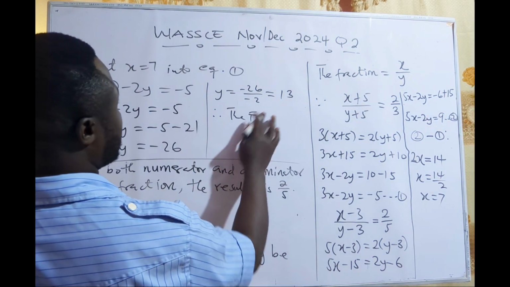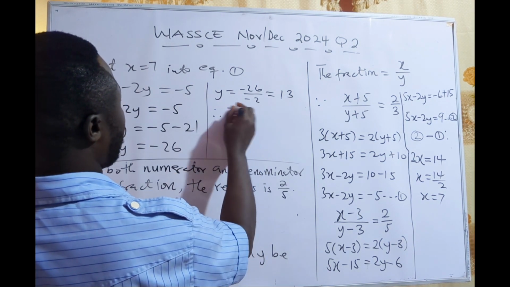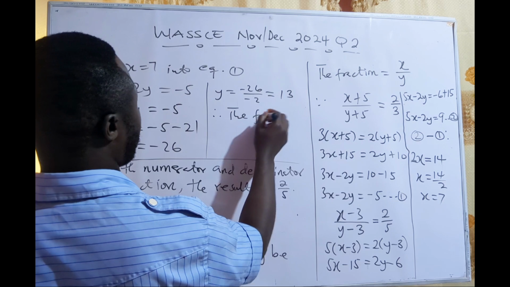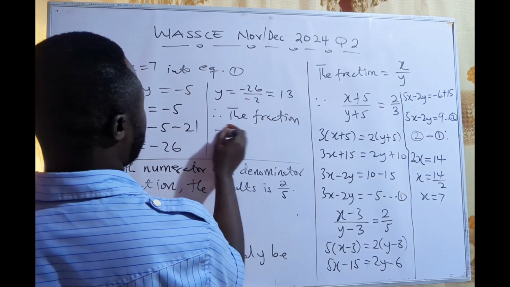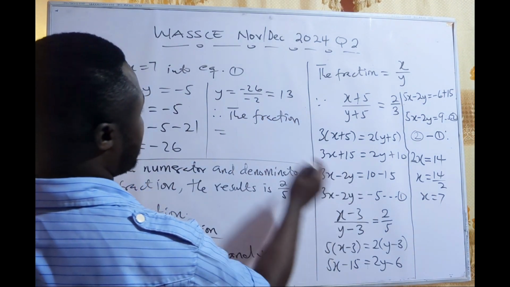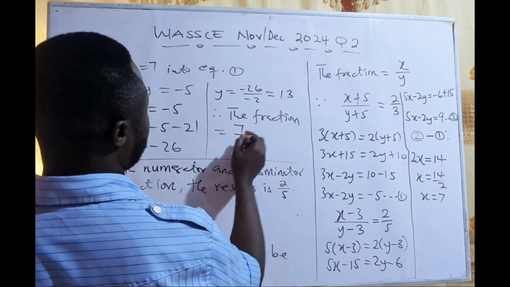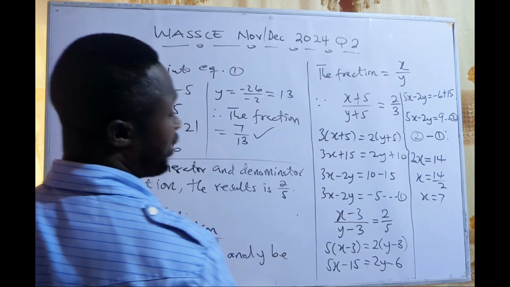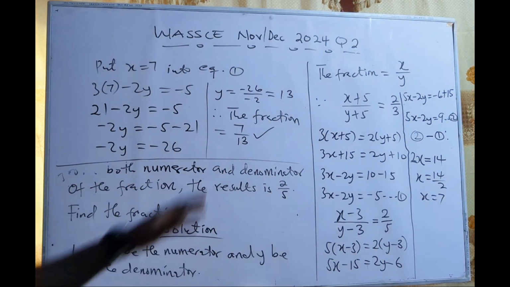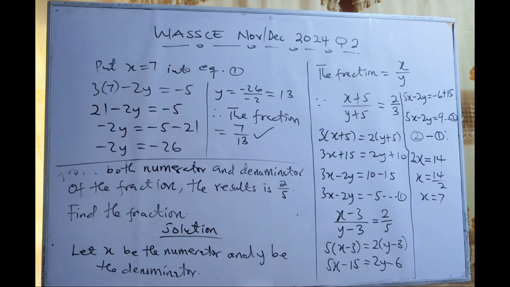The fraction will be equal to what? The numerator is 7 and the denominator is 13. So our fraction is 7 over 13. I believe this is so simple to understand.